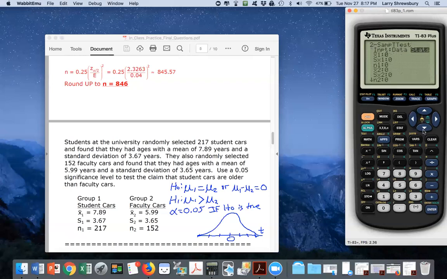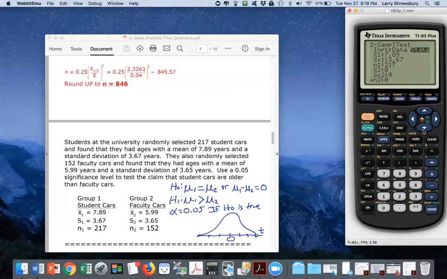Let's see, that was 7.89. And this was 3.67. And this was 217. Oh, by the way, the conditions are met. Notice we got large sample sizes, at least 30, and they're 2 independent random samples. And I guess we should be assured that these are huge.